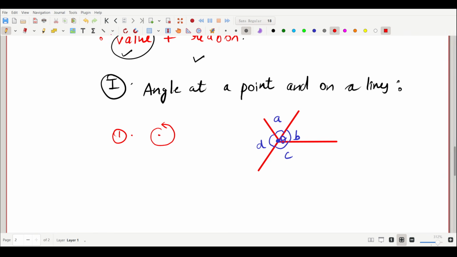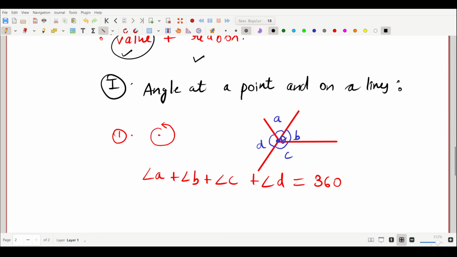So the sum of angles at this point O will always add up to 360 degrees. That means angle A plus angle B plus angle C plus angle D, they will always make up 360 degrees. The sum of all angles, because A, B, C and D are all the angles that we are seeing in this figure. I can make different angles also.